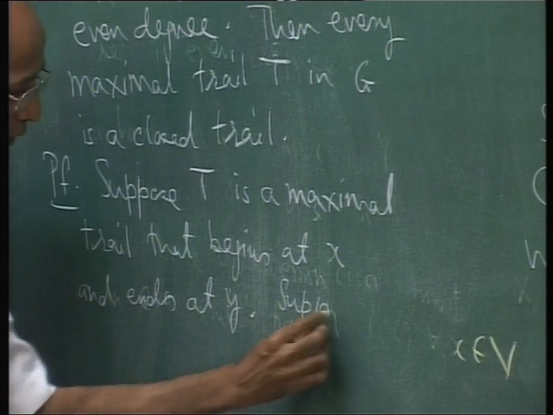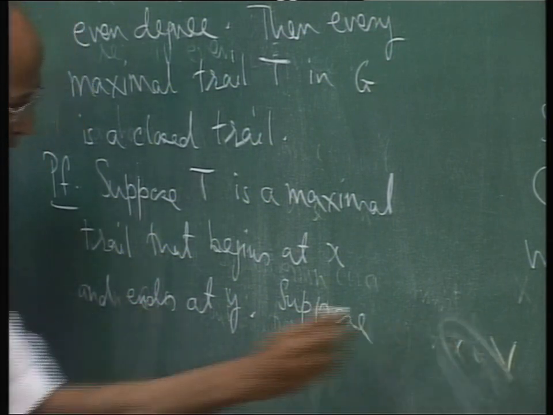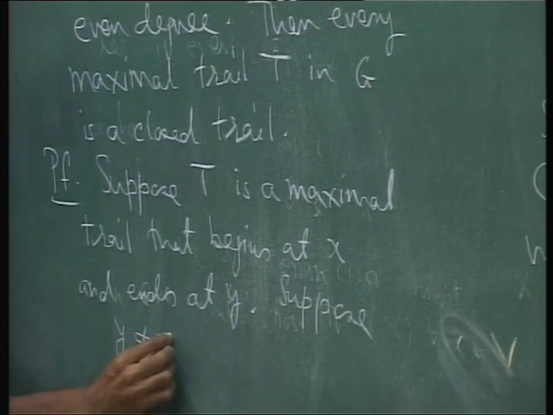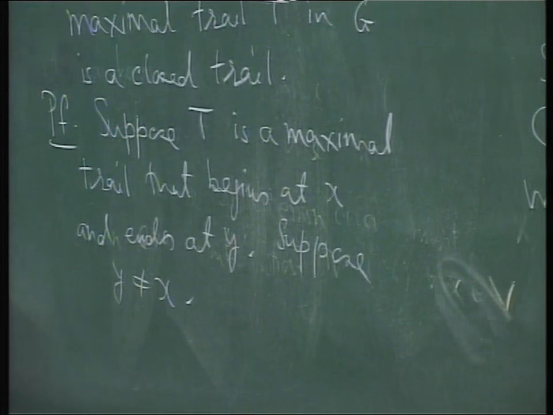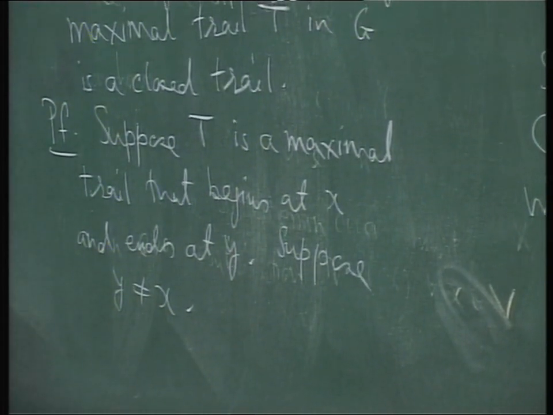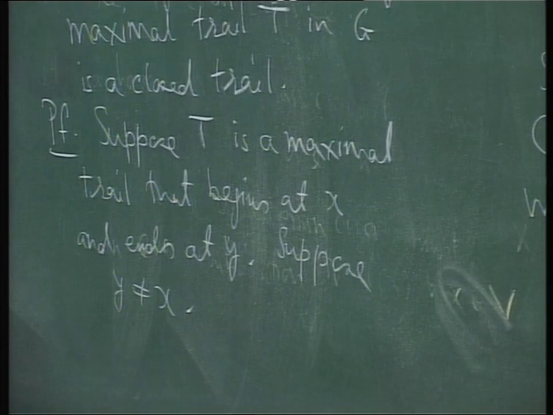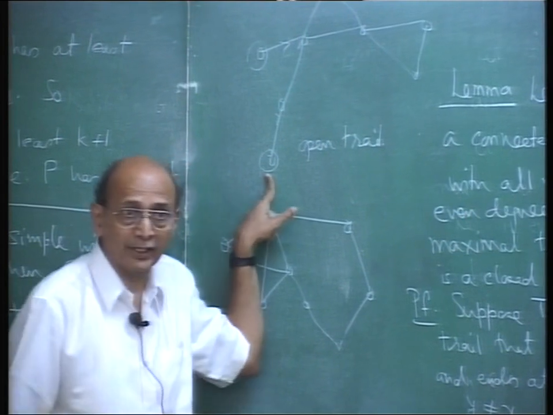Suppose y is not equal to x. If y is equal to x, then that's what we call a closed trail. See, for a trail, even an open trail, you begin at a vertex and end at a vertex.